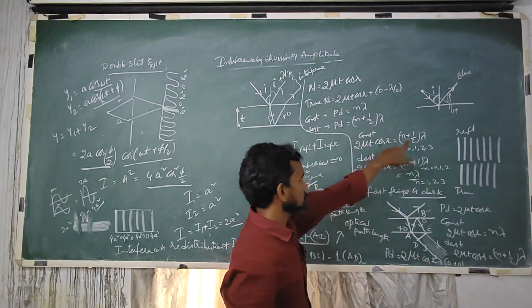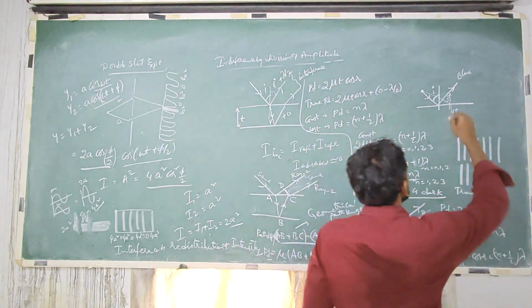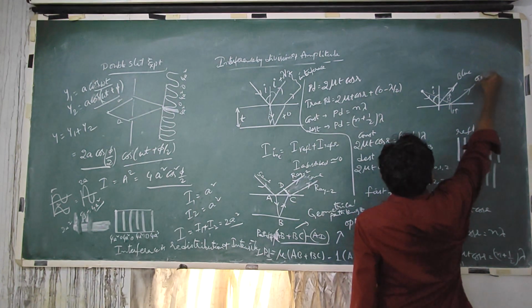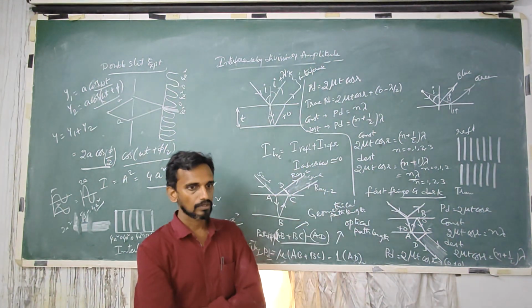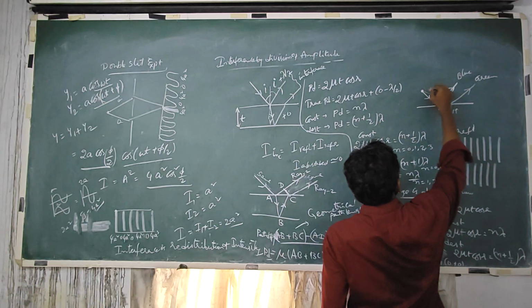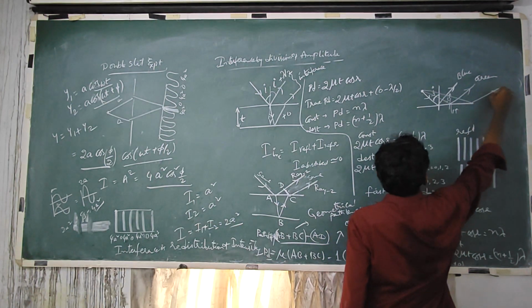So condition for constructive interference, lambda also increases. So at this level you may get green. Higher wavelength. So if you shift the location to next level, you may get condition for red.